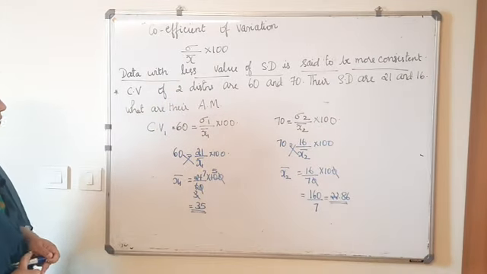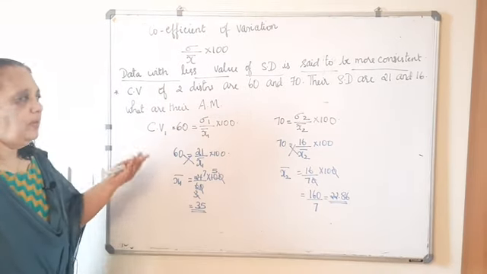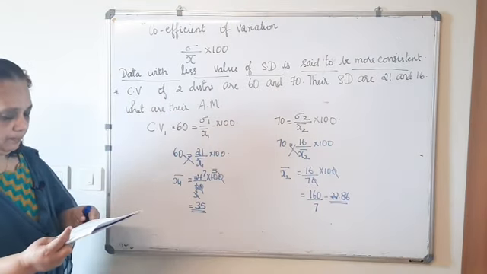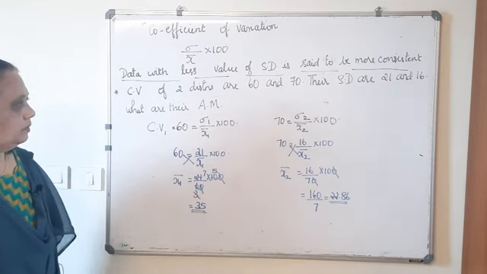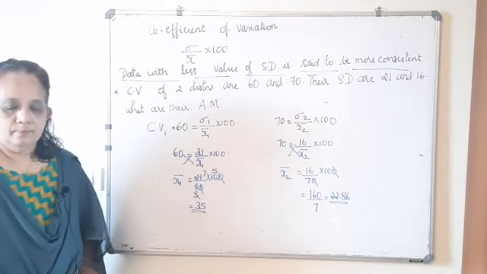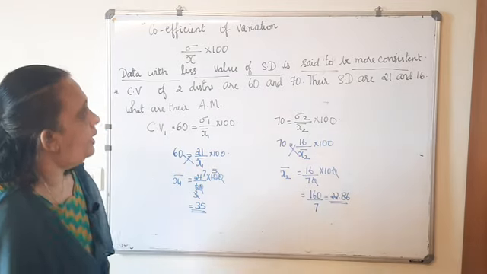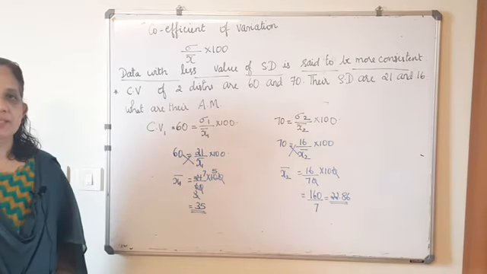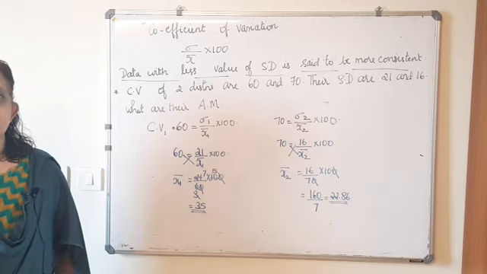So this is how you find out. When the mean is given, you can find out the standard deviation, or when the standard deviation is given, you can find out the mean. Clear? Okay, I hope you have copied down the question and answer. Coefficient of variation is equal to standard deviation divided by arithmetic mean into 100.